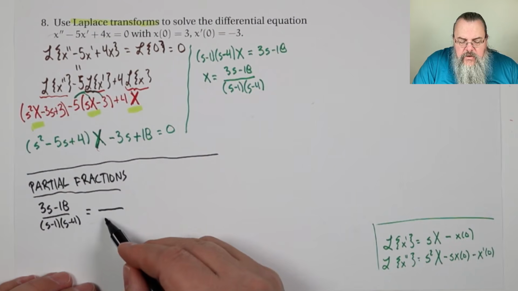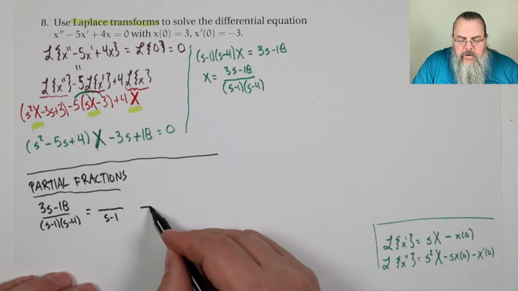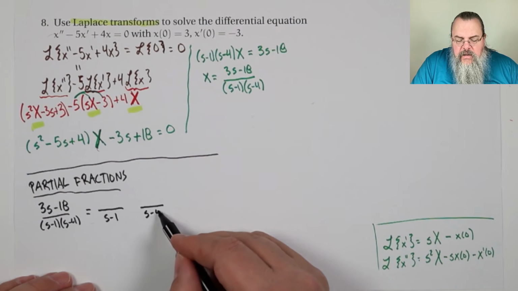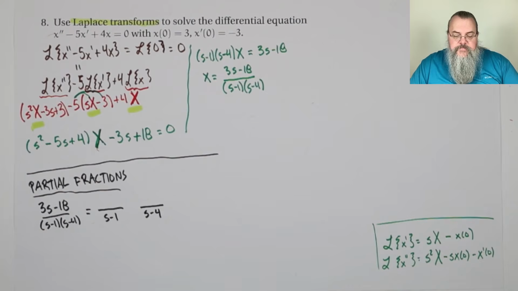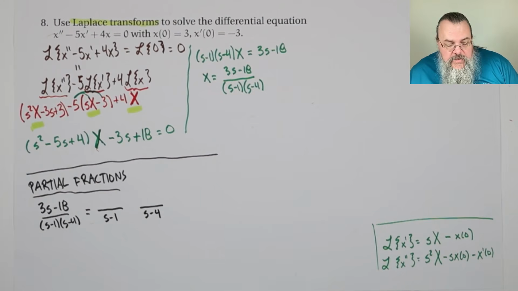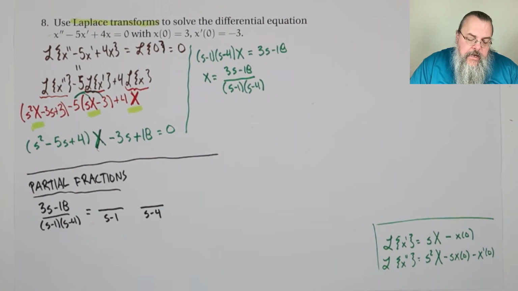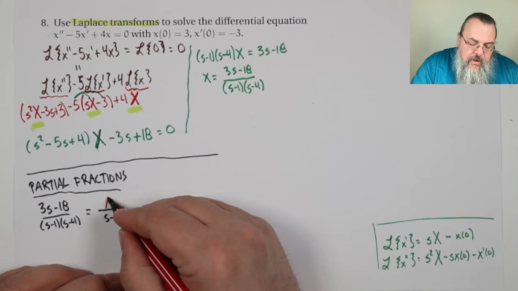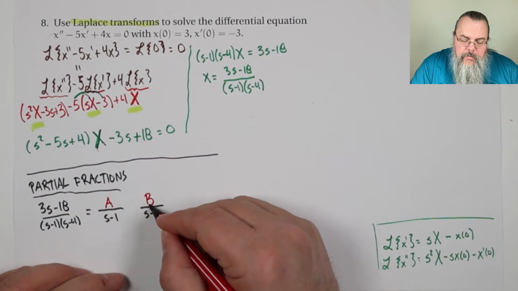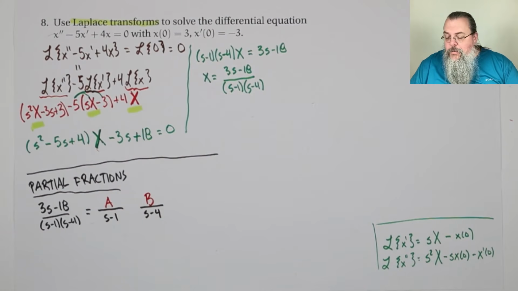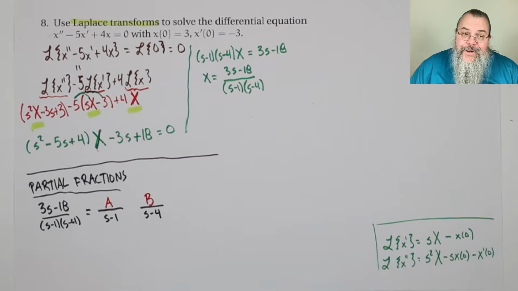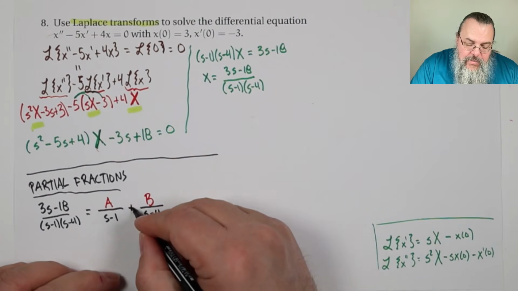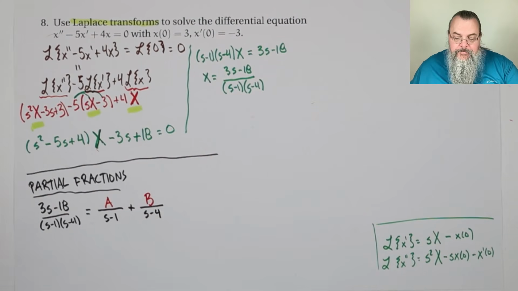We're going to pull it into two pieces, an s minus 1 piece and an s minus 4 piece. Upstairs, we're going to have something above s minus 1 and something above s minus 4. We need to figure out what are the A and the B that'll make this work.